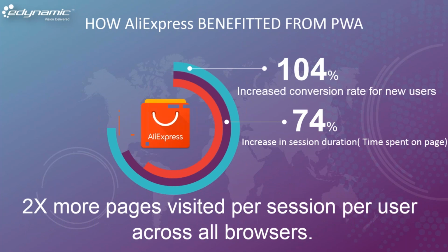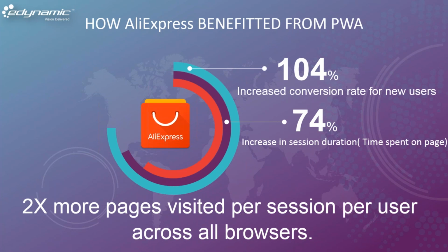Moving on to the next case study, which is of AliExpress. Alibaba is an e-commerce site, and AliExpress is a sister concern or maybe a side venture for Alibaba itself. These are the stats that they got from PWAs, and it's astonishing that they got an increase of 104% in conversion rate for new users.